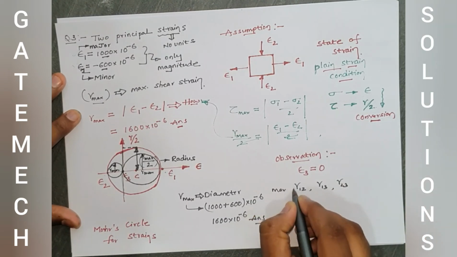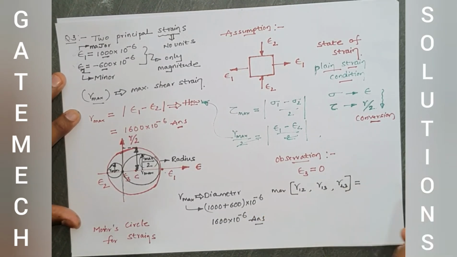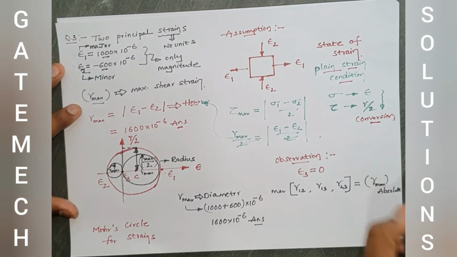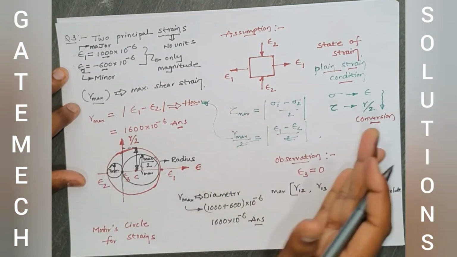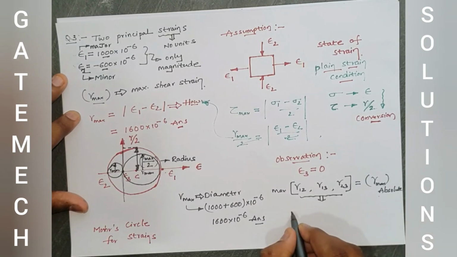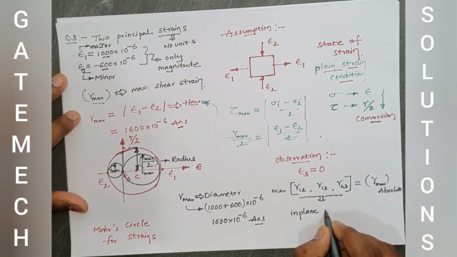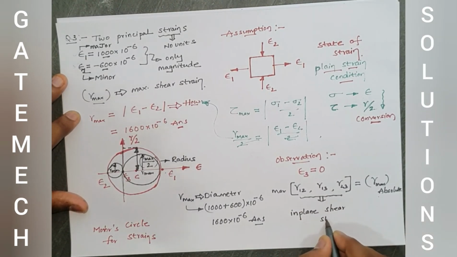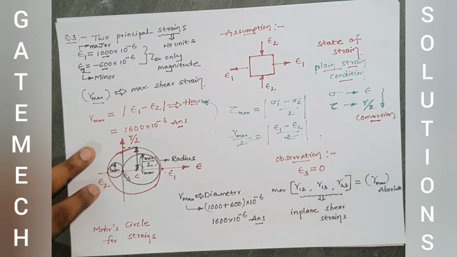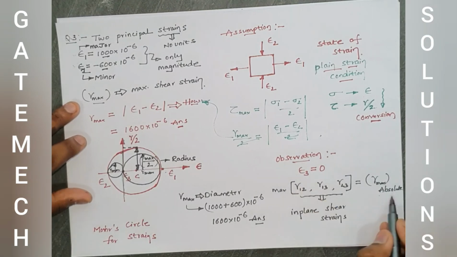The maximum of these three can be called the absolute shear strain. Keep it like absolute shear stress, absolute shear strain will also be there. These three can be called in-plane shear strains. Like in-plane shear stresses, in-plane shear strains will also be there. The maximum of these three can be called the absolute shear strain.